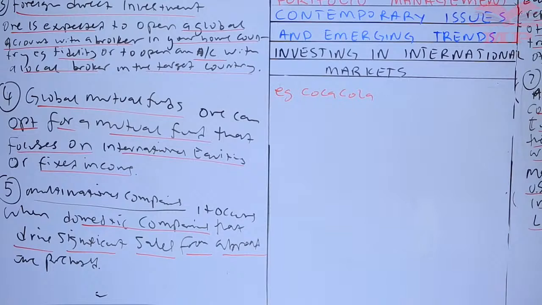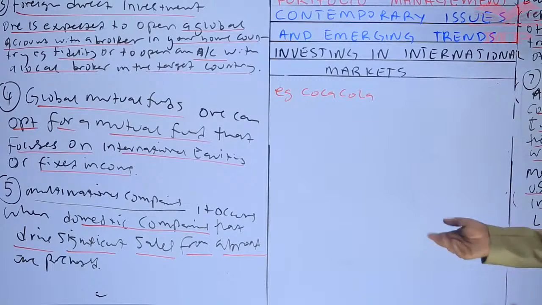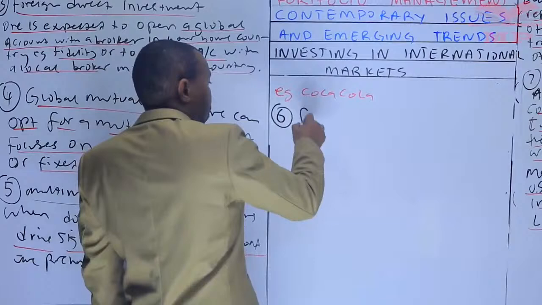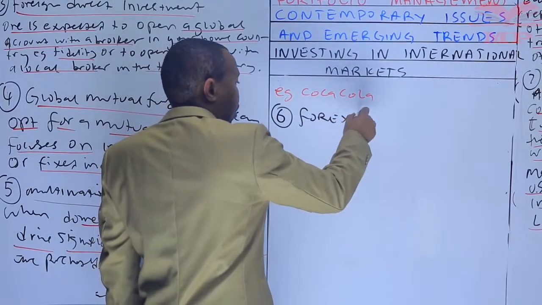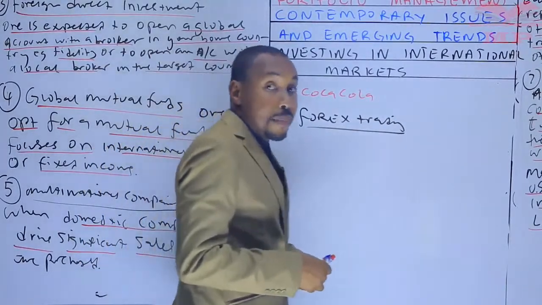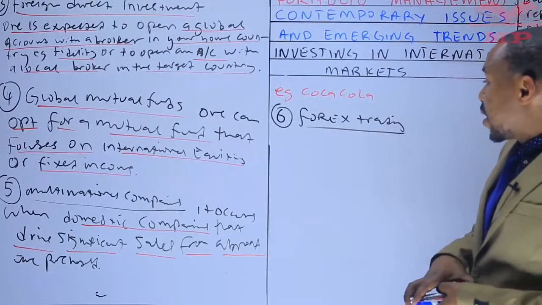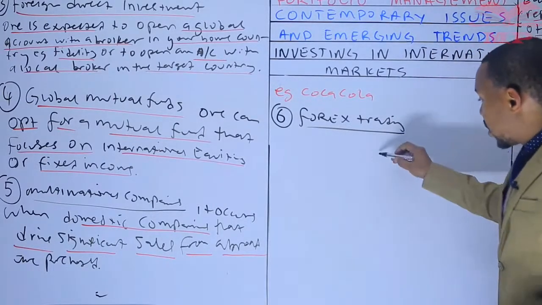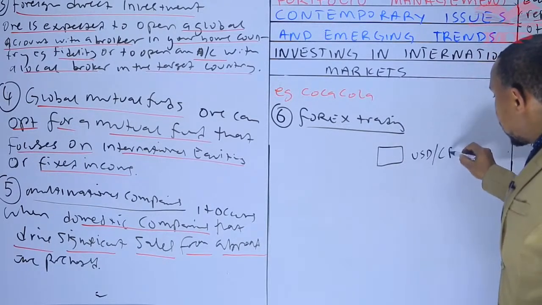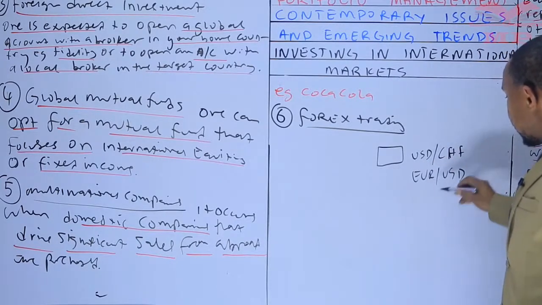You could also invest in international markets using forex trading. Number 6, forex trading, where you buy and sell currency pairs of countries, or exchange currencies, for example Euro USD or USD CHF.